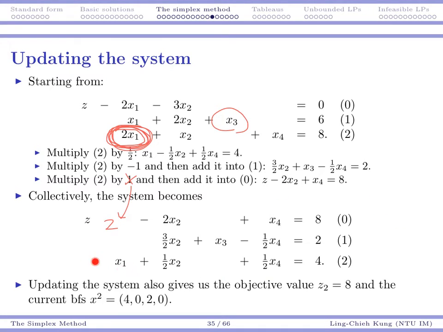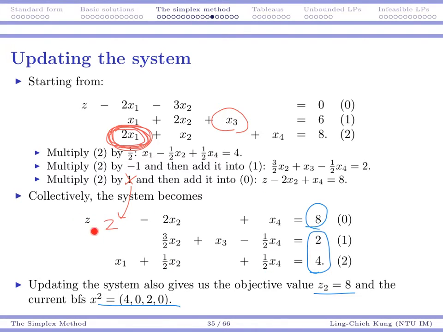Okay? And we know updating this system also gives us the objective value z2 and the x2. Why is that? 8 is here. Okay? 8 is here. And this particular solution 4 and 2 is here. Okay? 4 is here and 2 is here. Why is that? We know x2 and x4 are non-basic. So they are zeros.